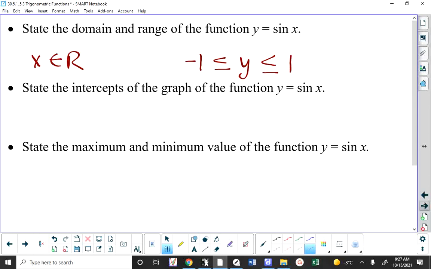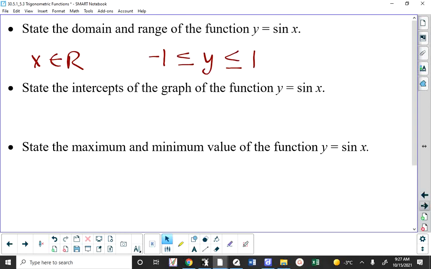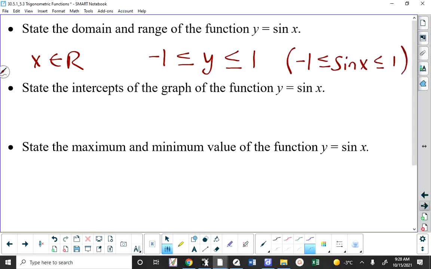There's another way that we could write this that is probably going to be new to you. It's to say -1 is less than or equal to sine of x, which is less than or equal to 1. And that may seem confusing because I'm saying the range has an x in it, but sine of x is y.